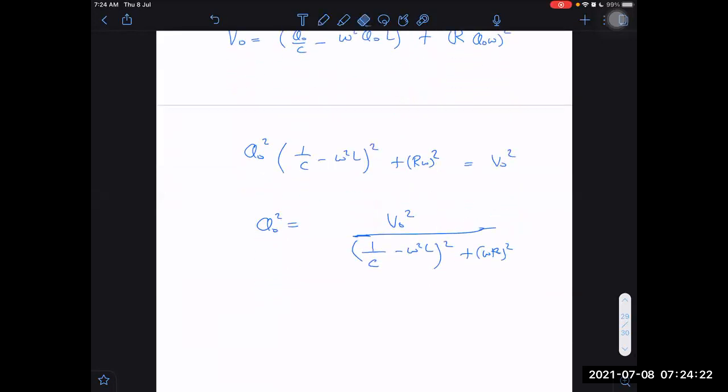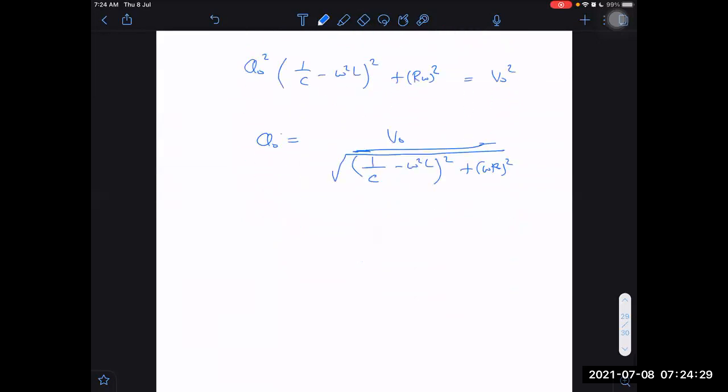Or I can take root of that. This will be V naught, and here there will be root. What do I get now? I think I can take L outside.